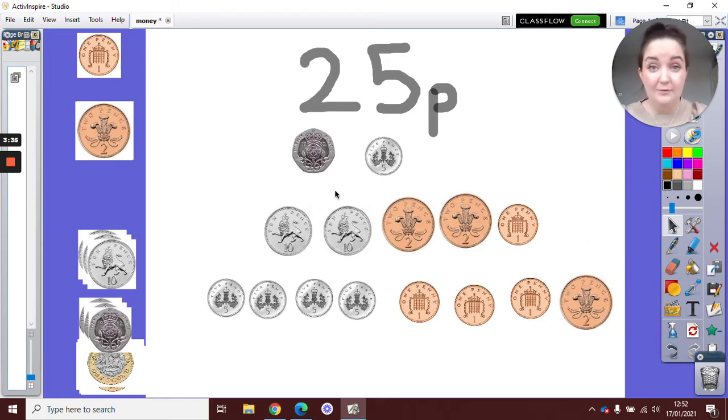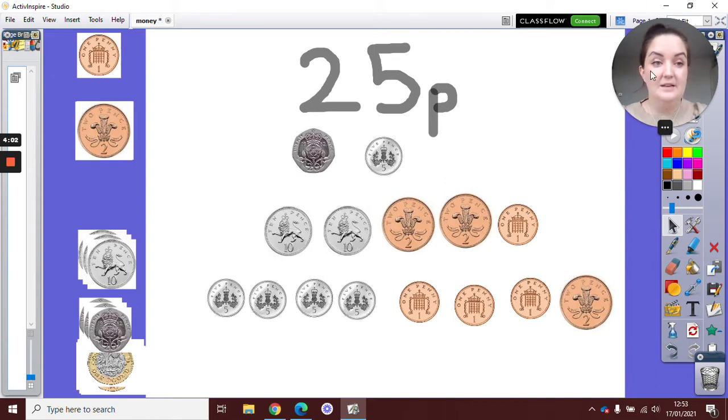But again, if I didn't have those in my purse, I could use something else. I'm going to use my counting in 5 skills. 5, 10, 15, 20, 21, 22, 23, and then we're adding 2, 23, 24, 25. So there are 3 ways we have made 25p.